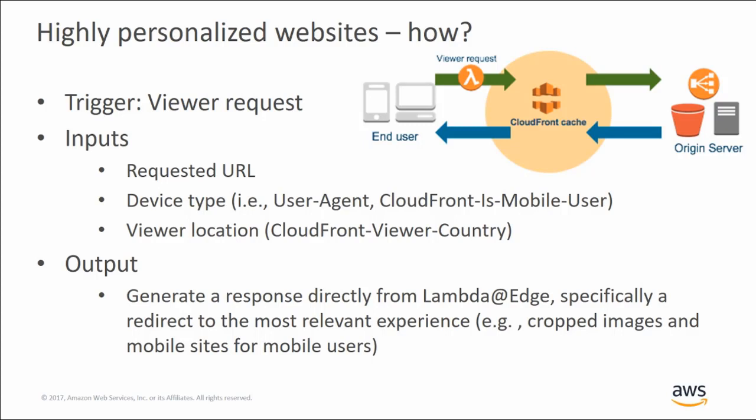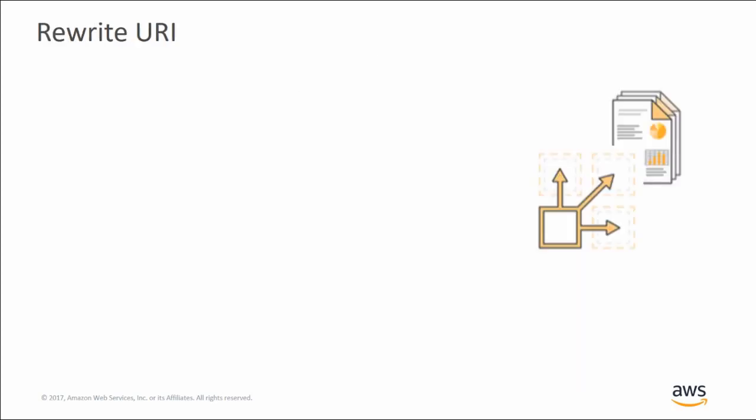And depending on the personalization you want to do, you can serve the appropriate relevant experience back to the user. So it could be a redirect to a mobile optimized version of the website or a redirect to a desktop optimized version of the website, depending on what device the user is coming in from.